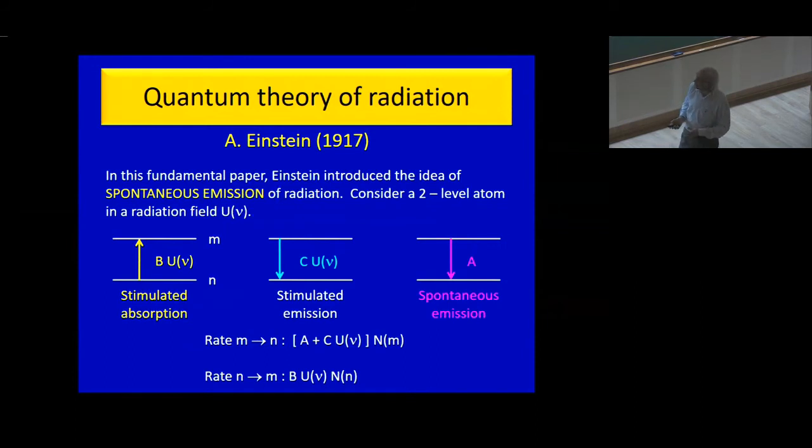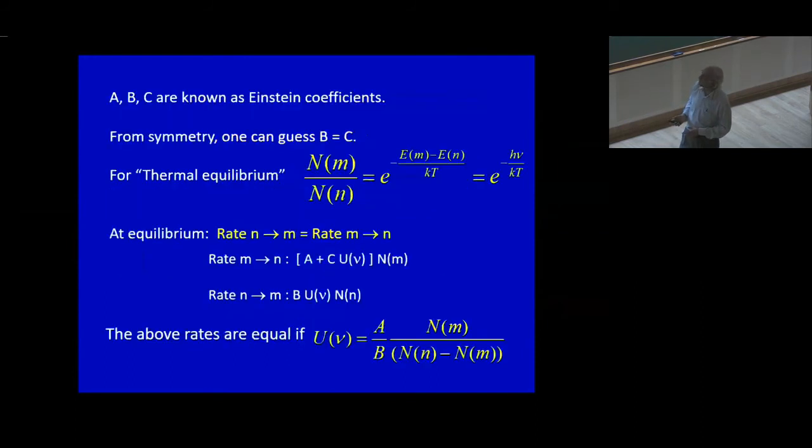He invoked the concept of thermal equilibrium. Okay? Now, A and B and C are known as Einstein's coefficients, and for our purpose, from symmetry, you will please agree with me that B can be identified as C.